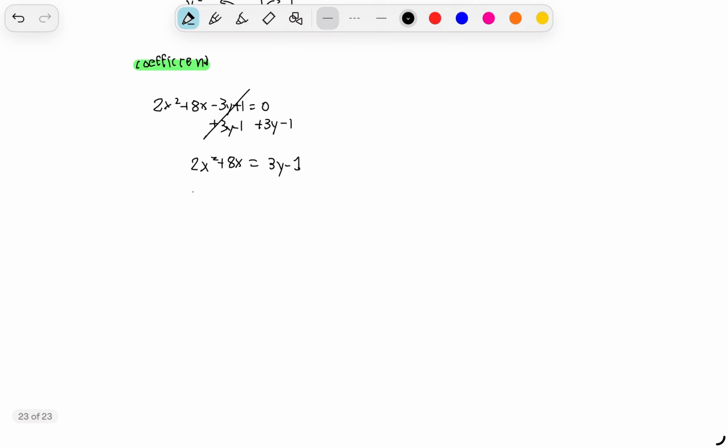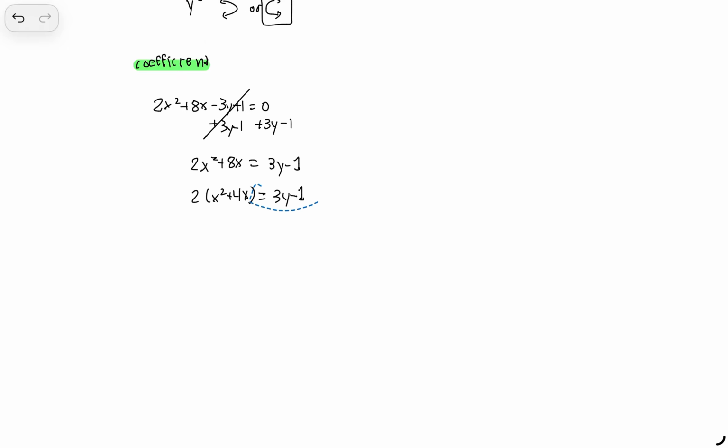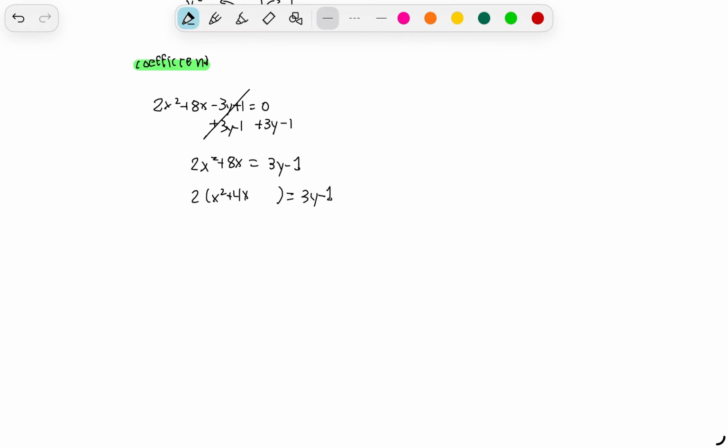After this, you're going to factor out a 2. Now what you're going to do is you're going to complete the square for your x. And you're going to factor this.